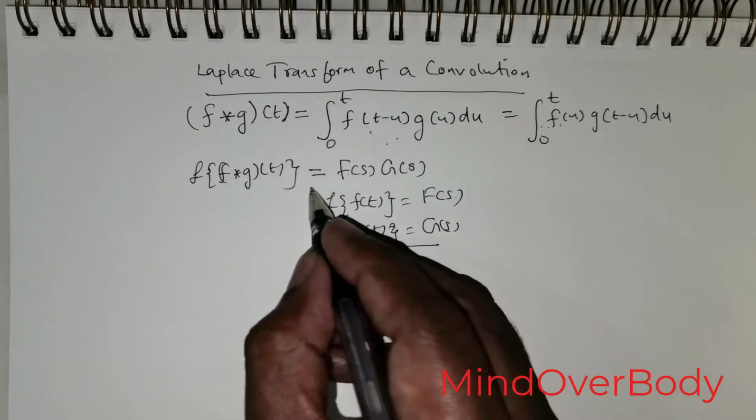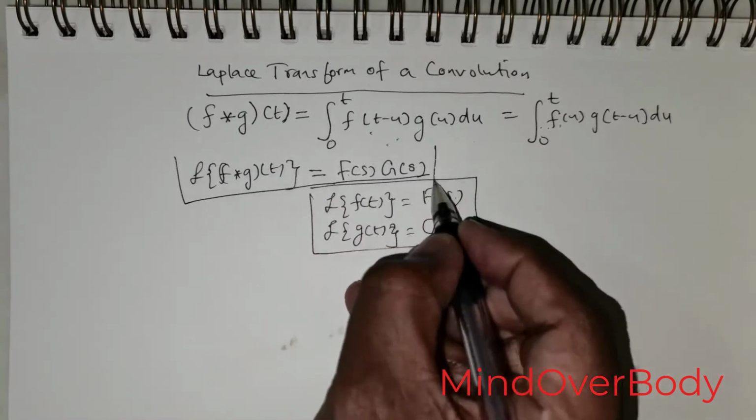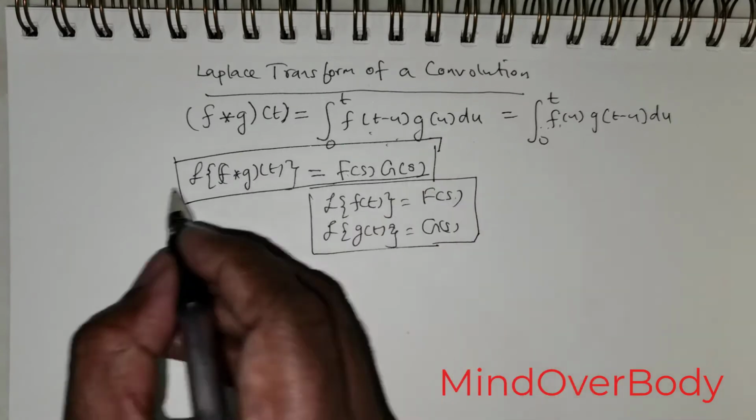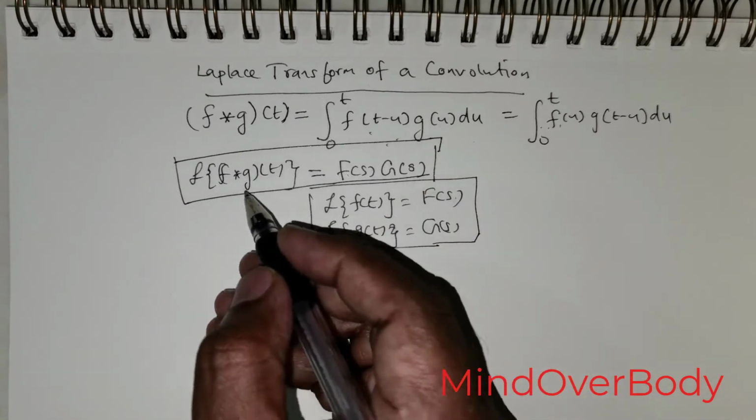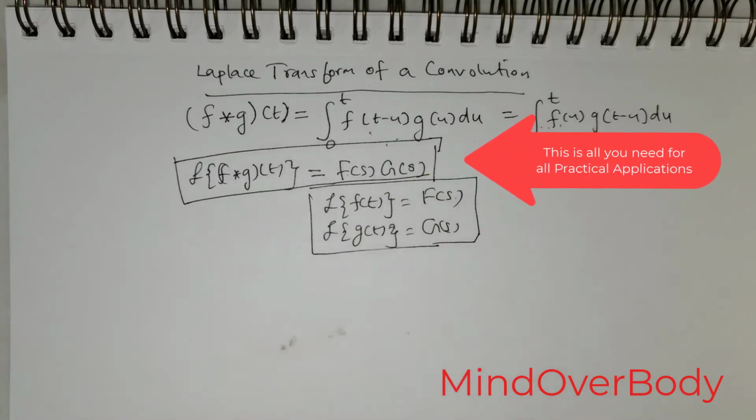So this is exactly the outcome we will get when we apply the Laplace transform to the convolution of two functions. Now we are going to do some problems using these definitions.